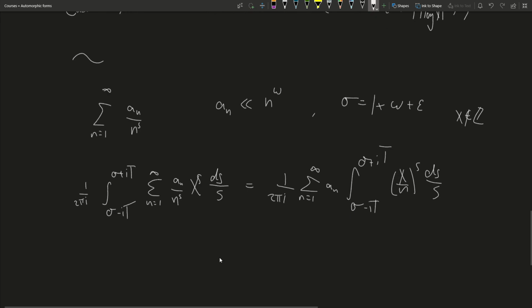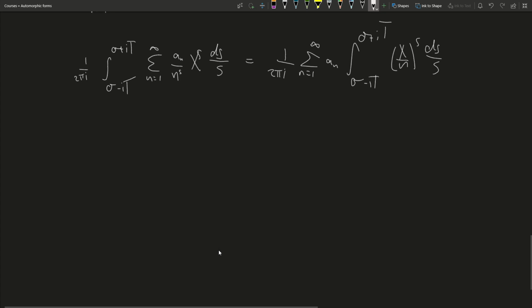So what we get is that this is going to pick off the sum over n less than x of a_n, the Dirichlet coefficients. So this is a very, very useful fact. This is a very convenient way to get a partial sum of Dirichlet coefficients, and we're going to use it a ton. But then we have this error term, right?